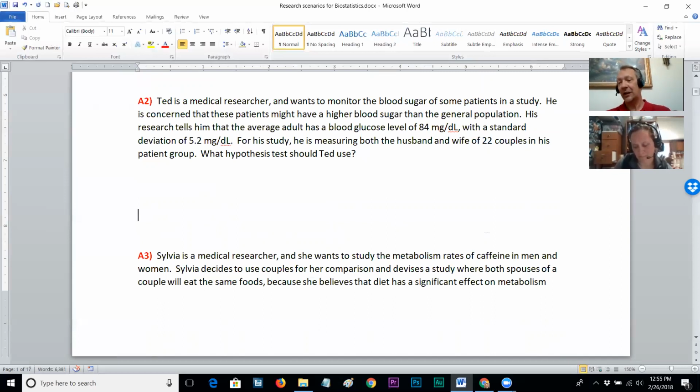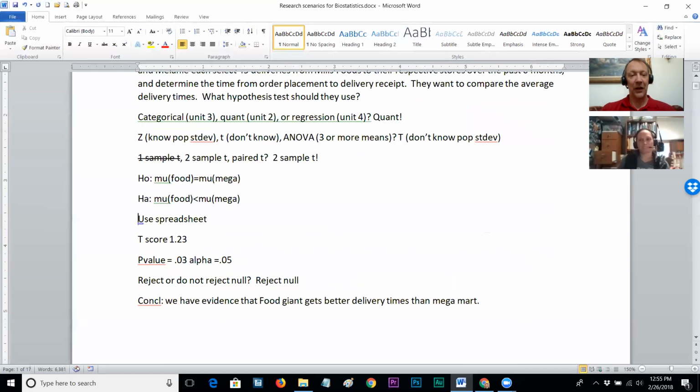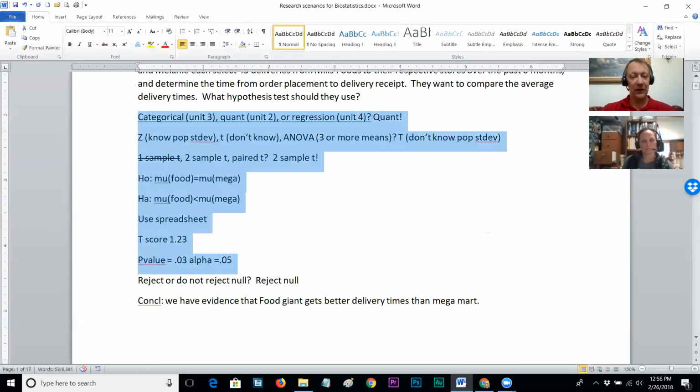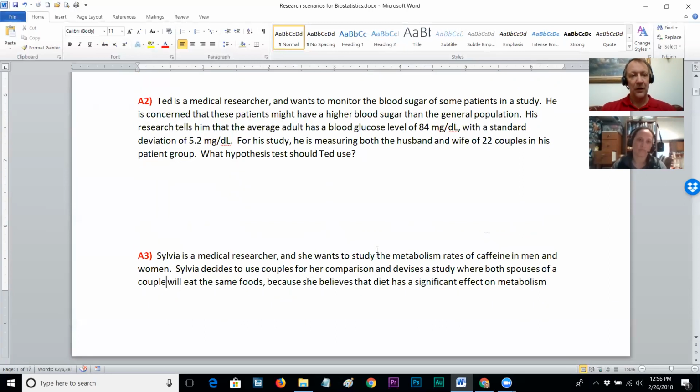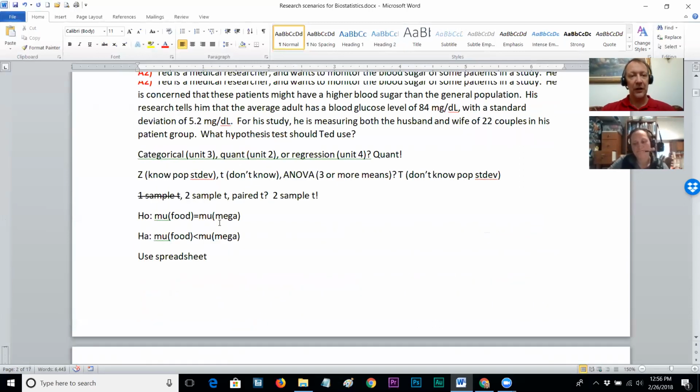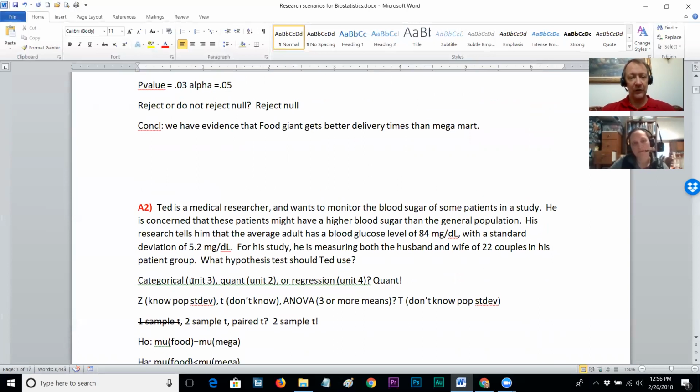So before I answer that question, I'm going to copy a lot of this stuff and then erase all the answers. The first question you should always ask yourself is, is it categorical, quantitative, or regression?